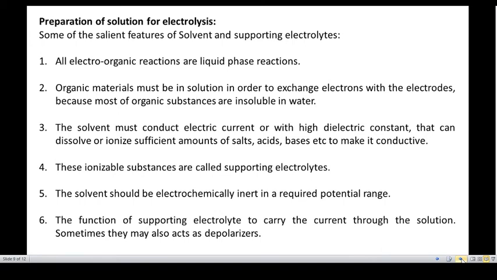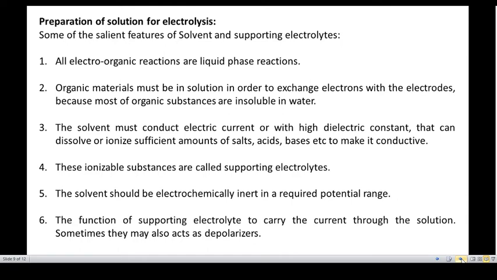Then the next part of the cell is the electrolyte or solution. Why do you have to consider this? It is because all electrochemical reactions need a medium, generally a solvent. Once you dissolve a particular reactant in a solvent, it is taken in the electrochemical cell.